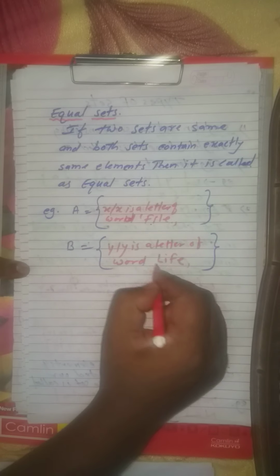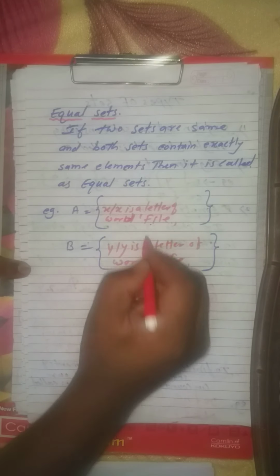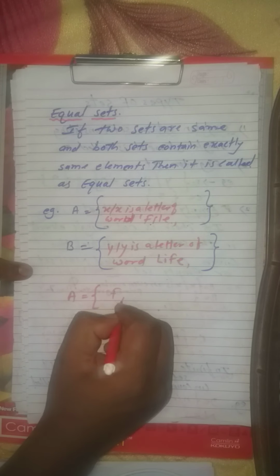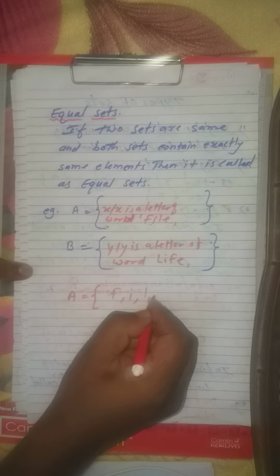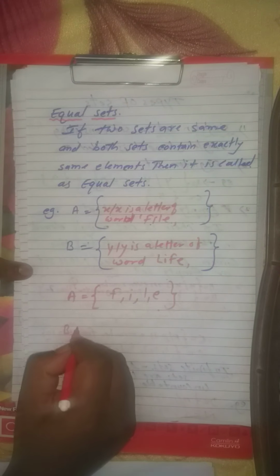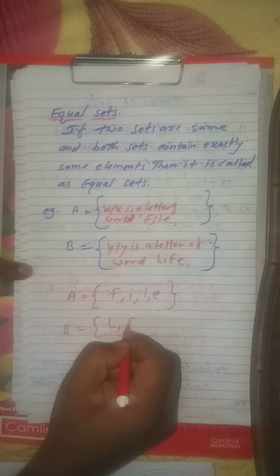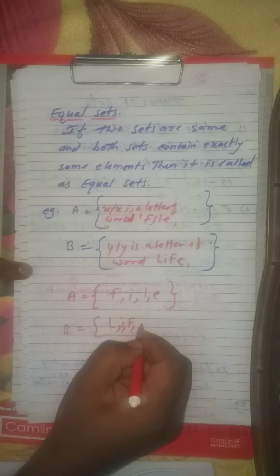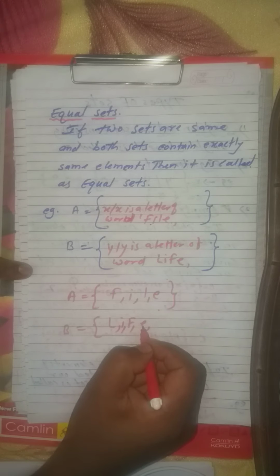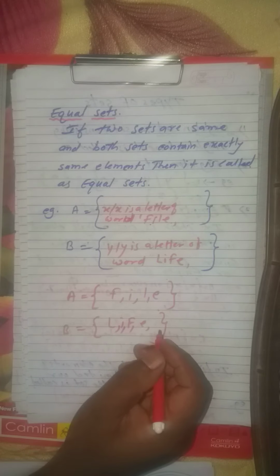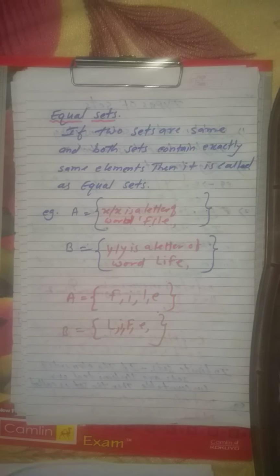In the first set, FILE, we have F, I, L, E, and in set B, L, I, F, E. E is in both sets, F is in both sets, I is in both sets, and L is also in both sets. These types of sets are called equal sets.